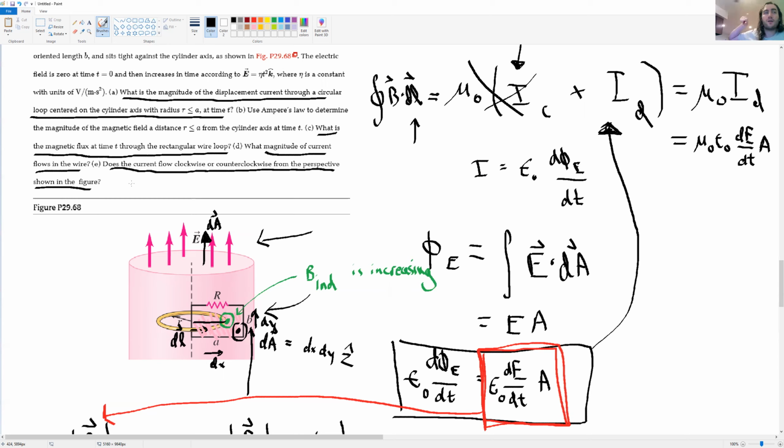So if you stick your thumb into the loop, because B is increasing, we go opposite of the increase. We stick our thumb in, and then our fingers wrap around in a clockwise direction. So that is going to be the direction of the induced current. To finally answer your question here, I is going to be going clockwise from our perspective.